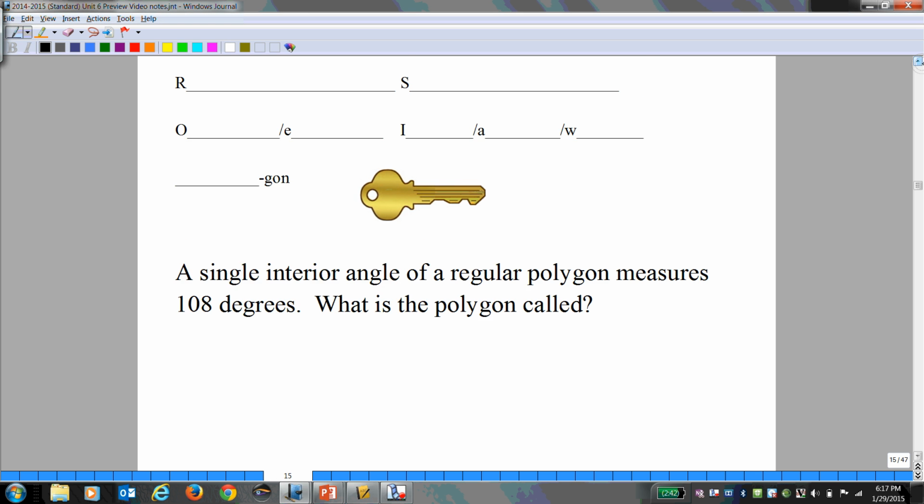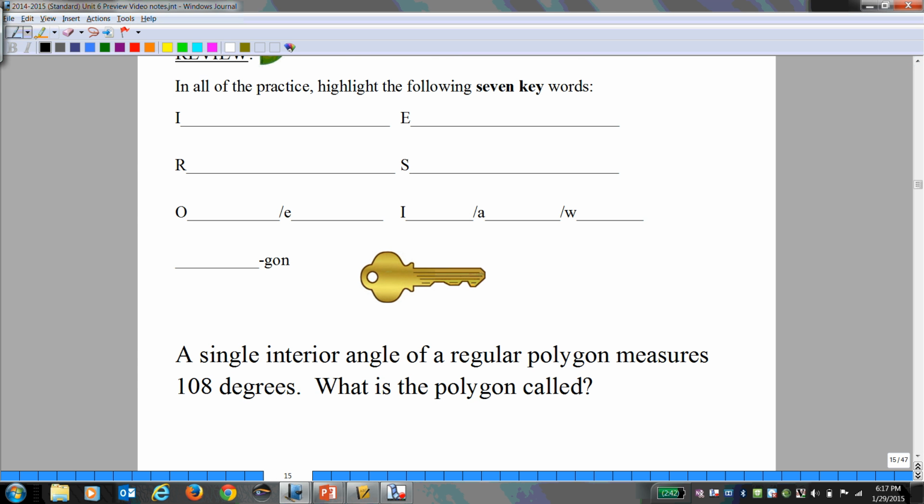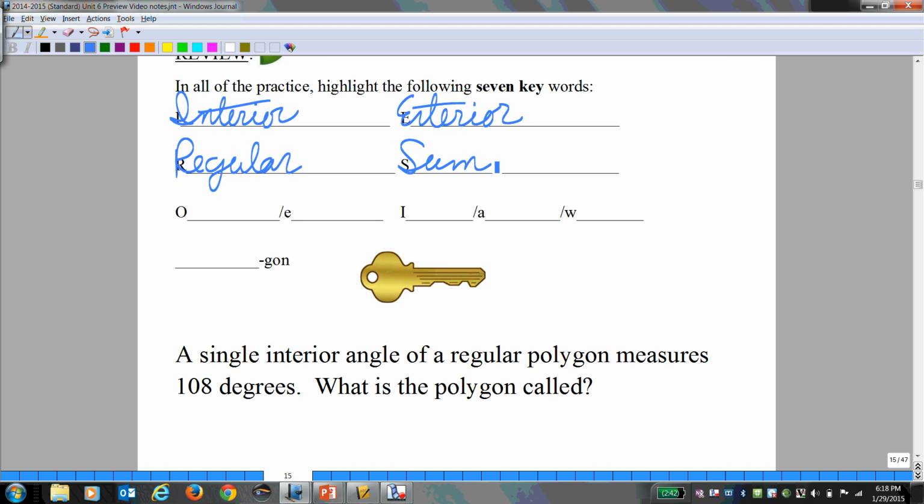When you're working with these problems, it's really important you watch out for keywords and phrases. The most important ones are these. Interior and exterior. Regular and sum.